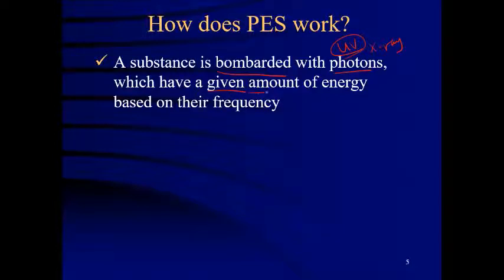It's going to be related to a given amount of energy based off of the frequency or the wavelength. We're not going to do the calculating with these equations just yet, but remember the energy of the photon equals Planck's constant times the frequency. So you could use the frequency of the photon to figure out how much energy has been given to the electron.